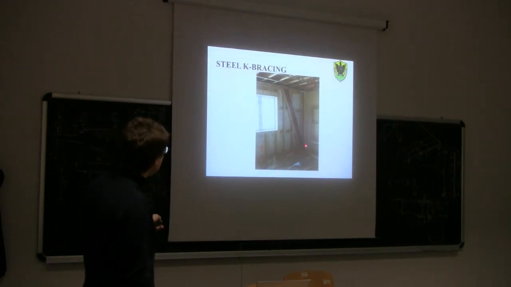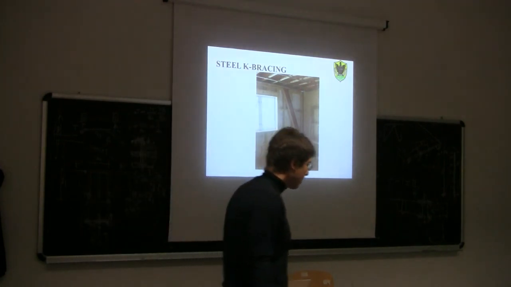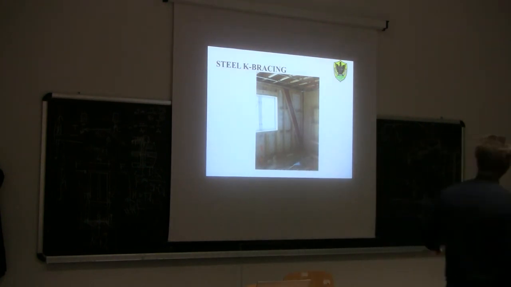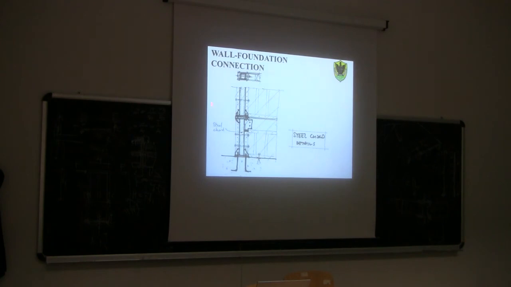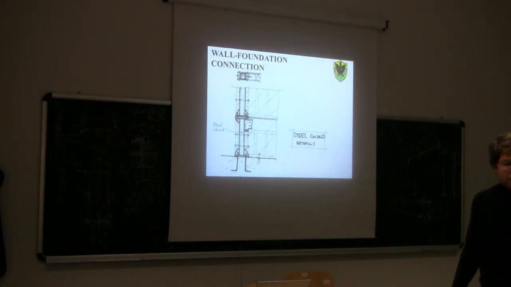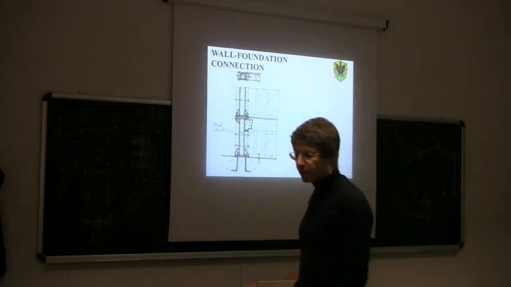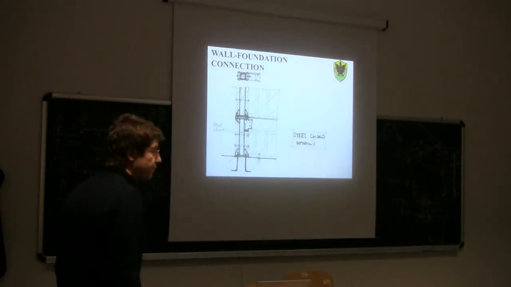This is the K bracing that I was talking about before. So this is diagonal K bracing here to provide some lateral resistance on the outer walls. You see, one of the problems, for example, was transferring the tensile force due to the earthquake down to the foundation.